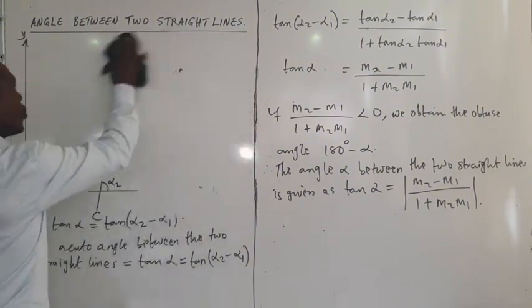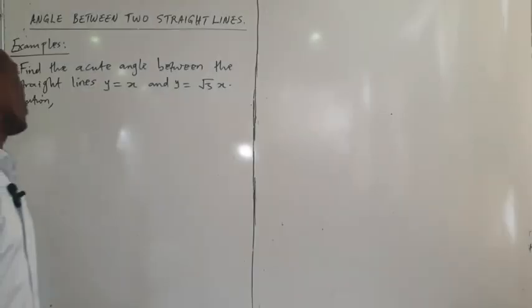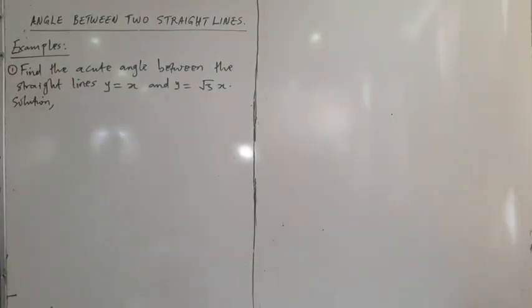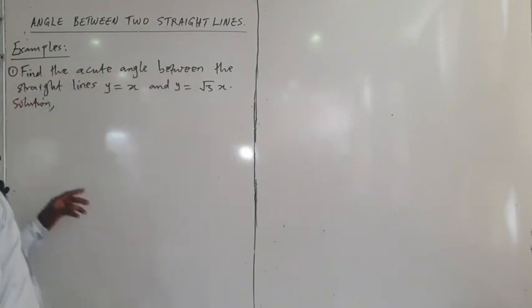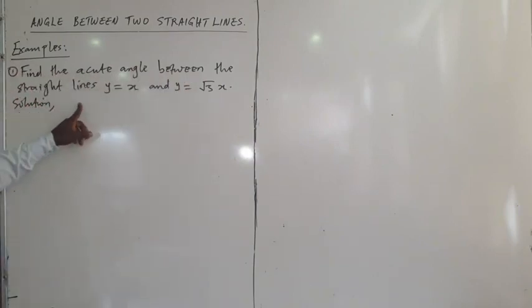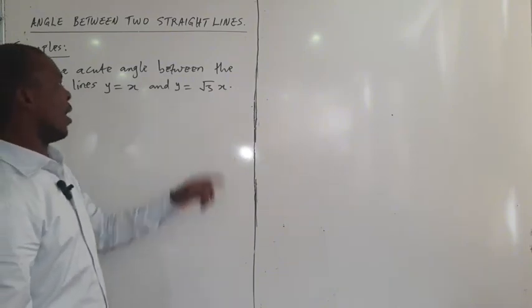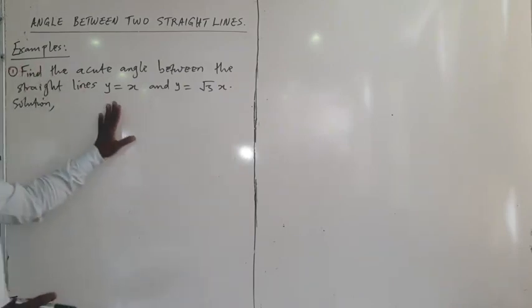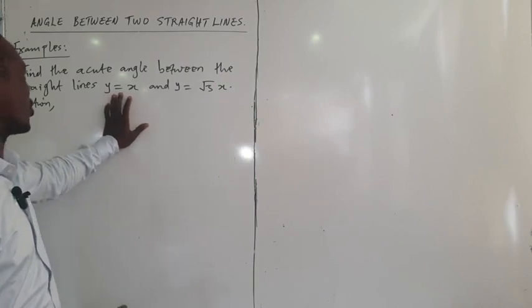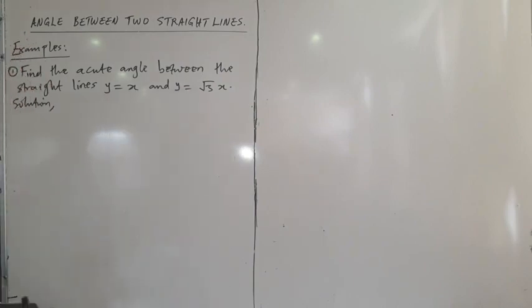So we are going to the first example now. Example on the angle between two straight lines. The question says, find the acute angle between the straight lines y equals x and y equals root 3 x. Our aim is to bring out the gradient from the first equation and the gradient from the second equation.